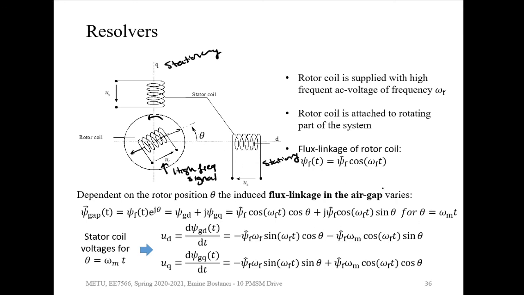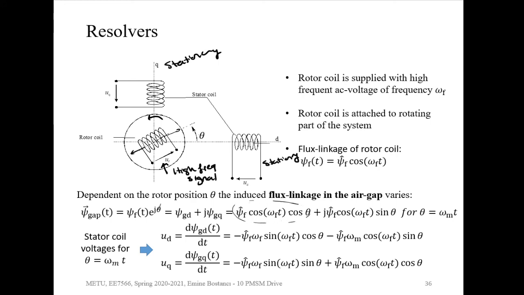And if you check these equations, actually in the gap we are going to create a rotating field because of the rotation, and of course also this rotating field is going to have a varying amplitude in the air gap. And if you see the voltages, the voltage in Q and D is going to be the derivative of the first part.